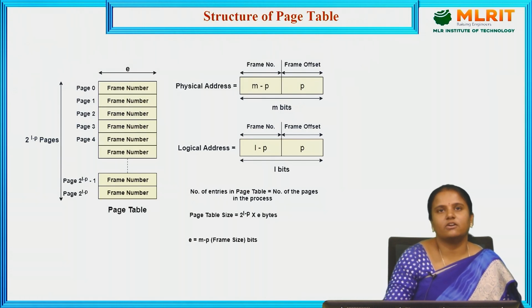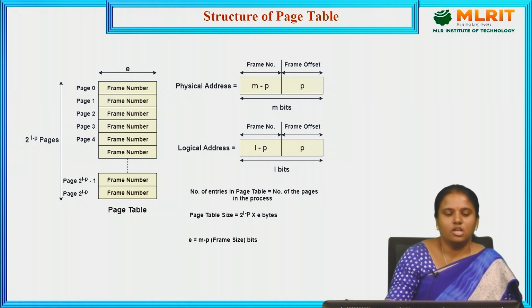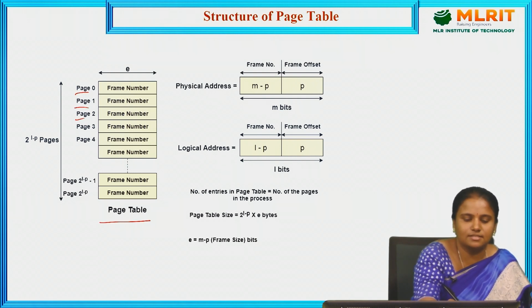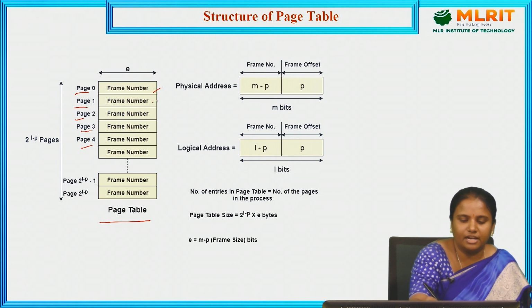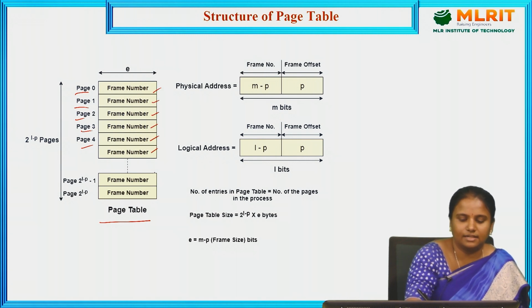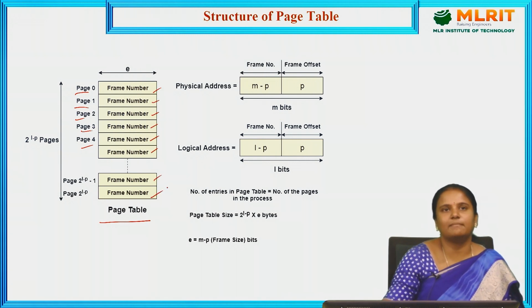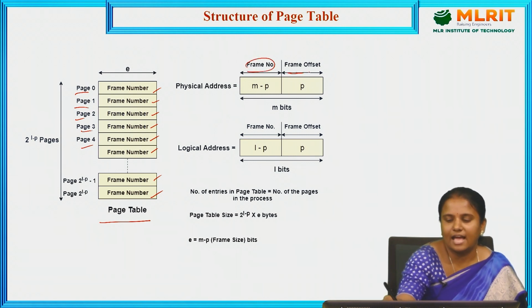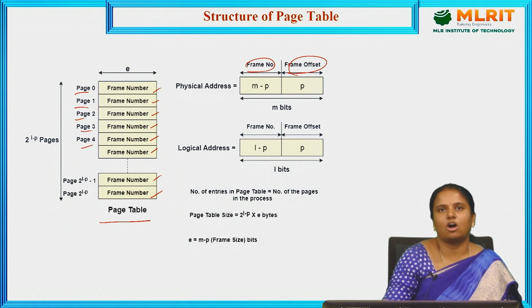So, in the structure of this page table, how are we going to map each page to a frame number, and how are we going to map the physical address and logical address? This is the page table, and these are page numbers and these are frame numbers. Each frame consists of a frame number and a frame offset.